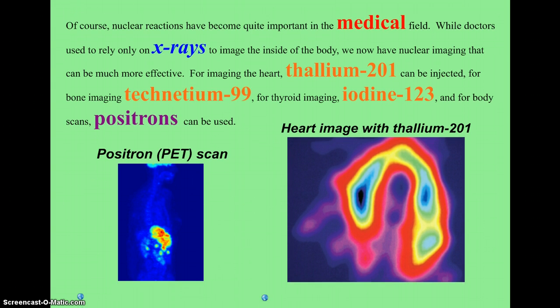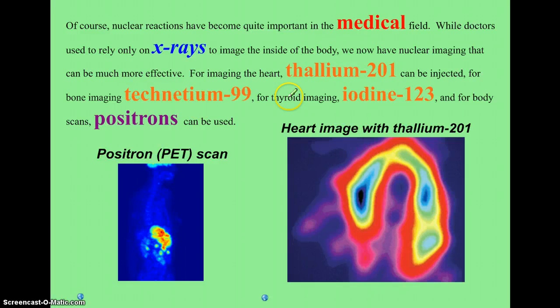Probably even more importantly in the medical field, unbelievable advancements courtesy of nuclear science. And not too long ago, a little over 100 years ago, if something was wrong inside of you, they had to cut you open and look around, and then staple you, stitch you back up, and hope that you didn't get an infection. Well, then the x-rays came along, and those are great, especially for bones and a little bit of soft tissue stuff.